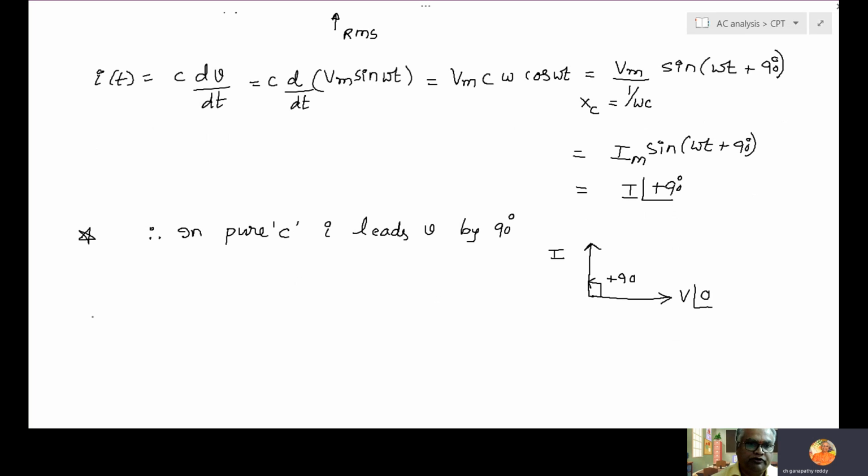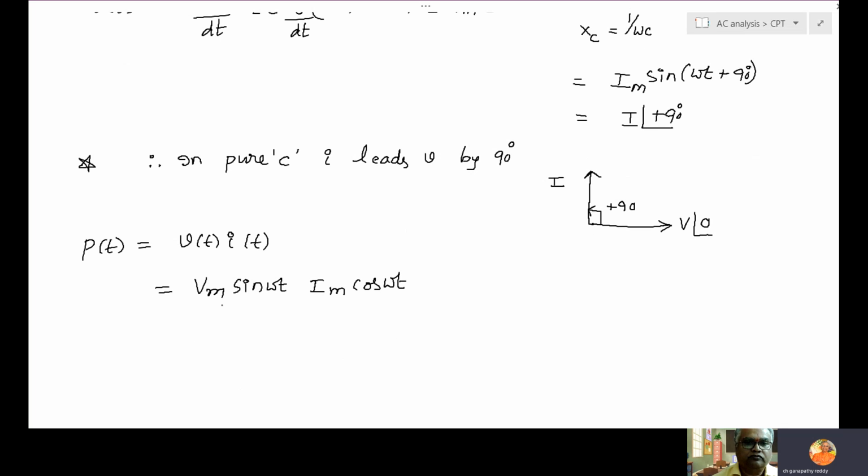Then how will the power waveform be? Power P of t is nothing but V of t into I of t. What is the voltage applied? Vm sin omega t. Current is Im cos omega t.